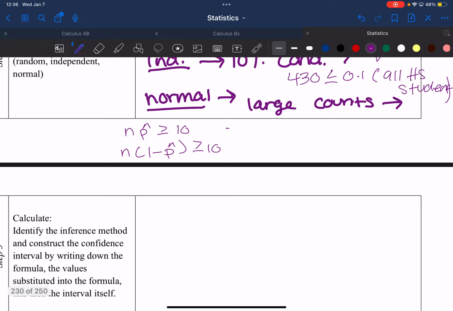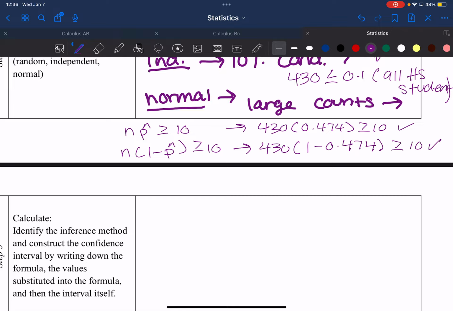So plugging that in, this is 430 times 0.474 is greater than or equal to 10. I would say that's a good assumption because that's about half of 400, which is definitely greater than 10. And then 430 times 1 minus 0.474 is also greater than or equal to 10, which means that all those conditions are met. And once we know that all conditions are met, then we can actually start the calculation portion to solve the problem.